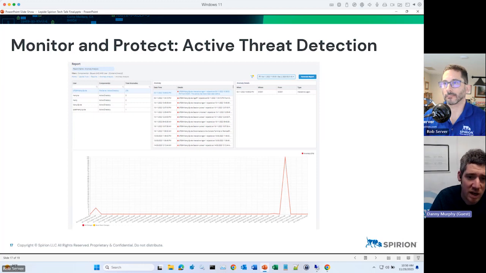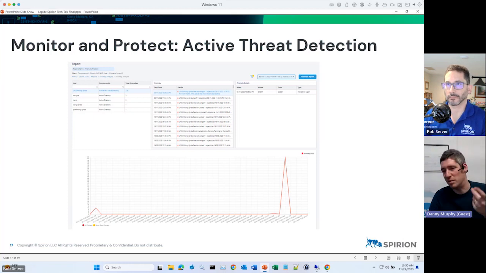It could be legitimate, but ultimately having the means to identify when someone is doing something that they shouldn't necessarily be doing, once again, that user and entity behavioral analytics, and then tying that to anomalous activity.